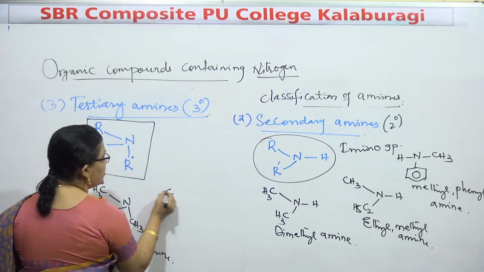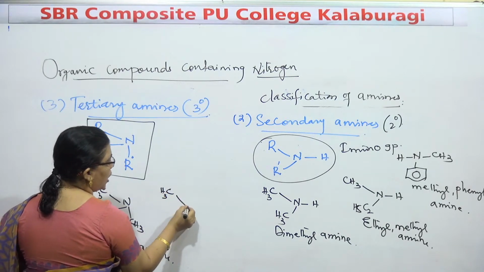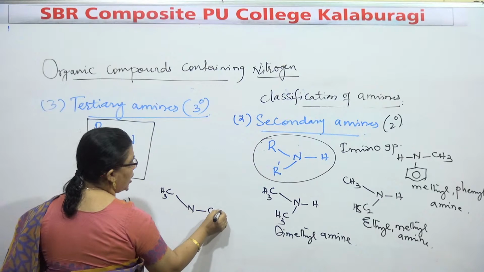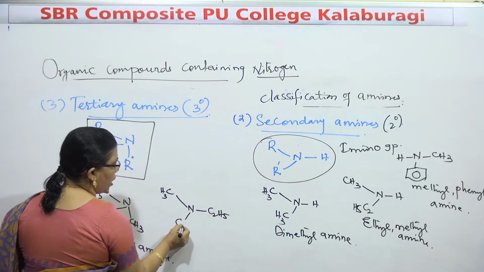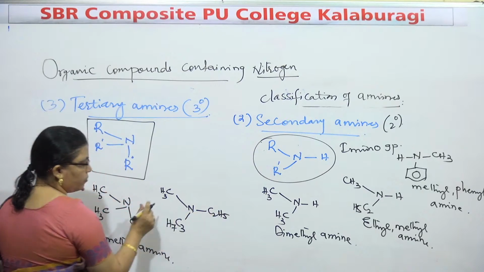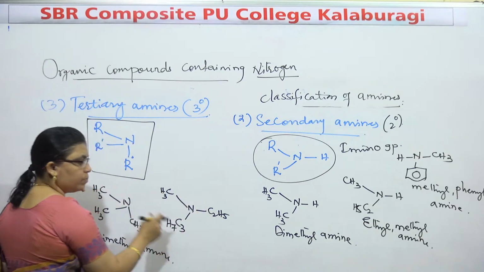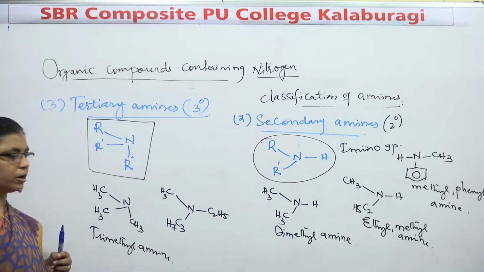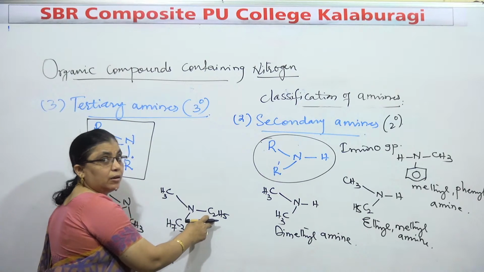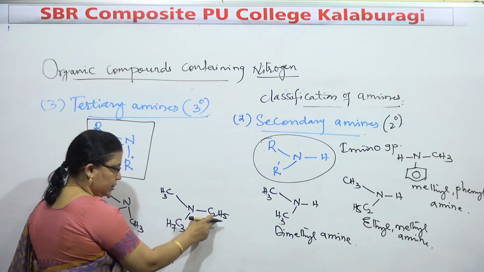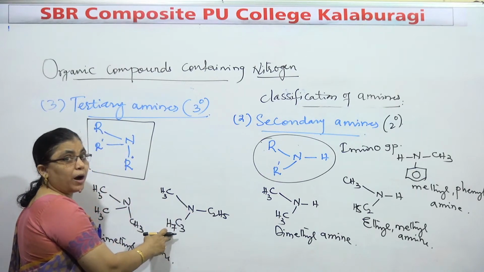One may be methyl, another ethyl, another propyl. According to alphabetical order, we will write it as ethyl, methyl, propyl, amine.